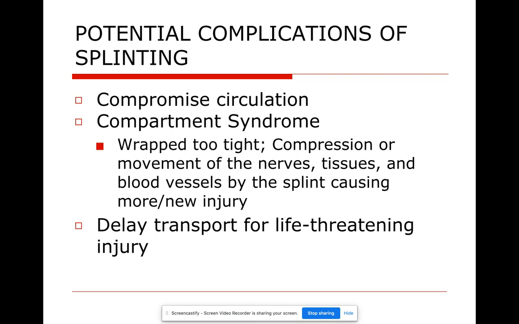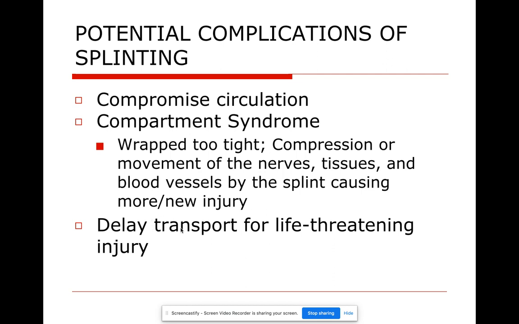Then compartment syndrome can occur. That's when it's wrapped too tight and compression or movement of the nerves, tissues, and blood vessels by the splint cause more new injuries. So compartment syndrome is basically too much pressure in the compartment that is going to typically cause numbness, tingling, and poor circulation.